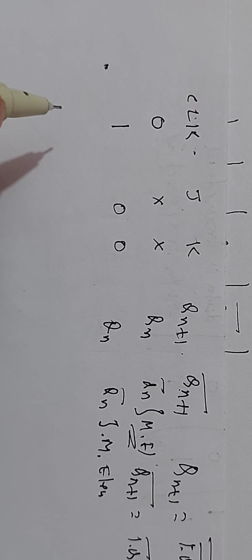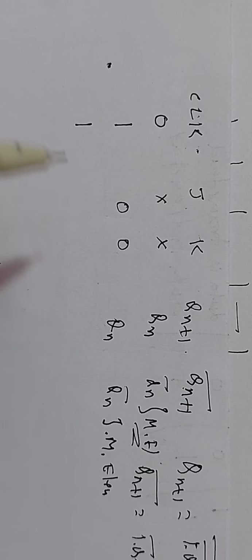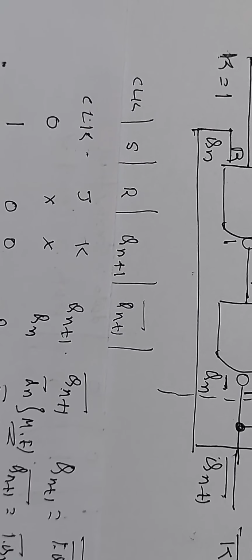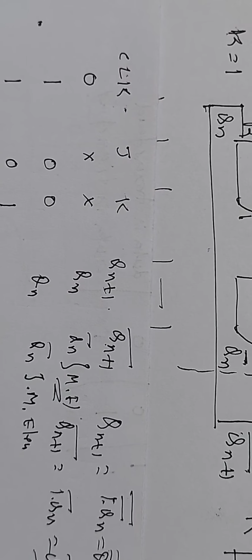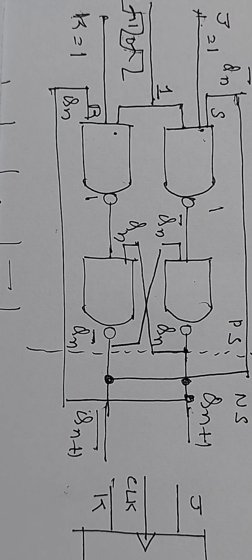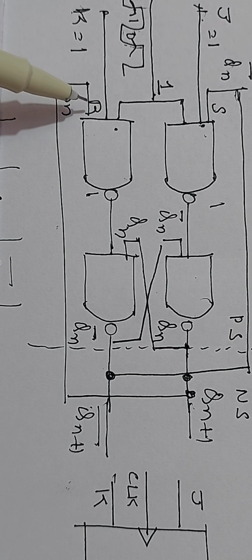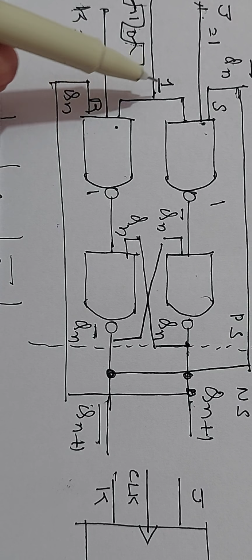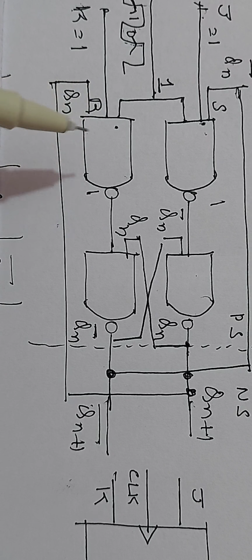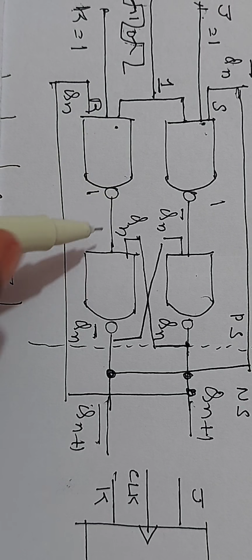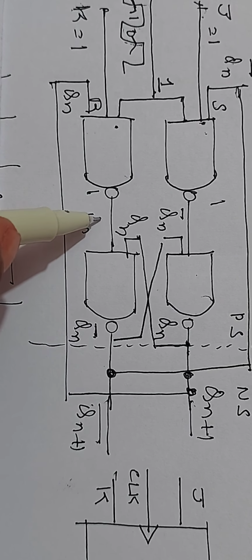Okay. Now, with the clock pulse, when J equals 0, K equals 1. See this. When J equals 0, the complement is 1. When K equals 1, the clock pulse is 1. 1 into 1 is 1, and this is Qn. 1 into 1 into Qn is Qn. Output of this is the complement, that is Qn bar.